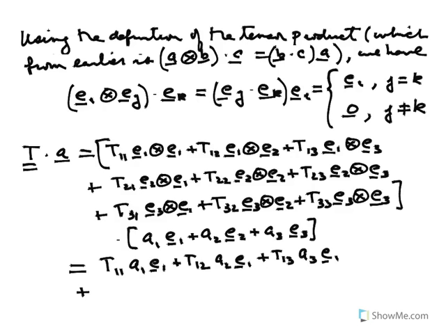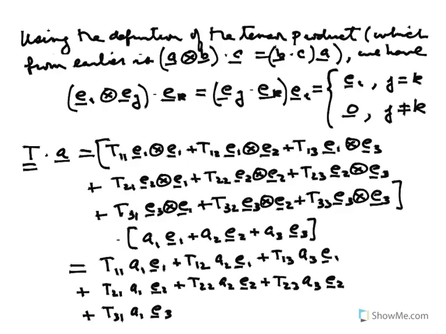And then I'm going to do the same thing for the next two rows worth of terms in this expression, and I'm going to wind up getting T21 A1 E2 plus T22 A2 E2 plus T23 A3 E2, and then plus T31 A1 E3 plus T32 A2 E3 plus T33 A3 E3.